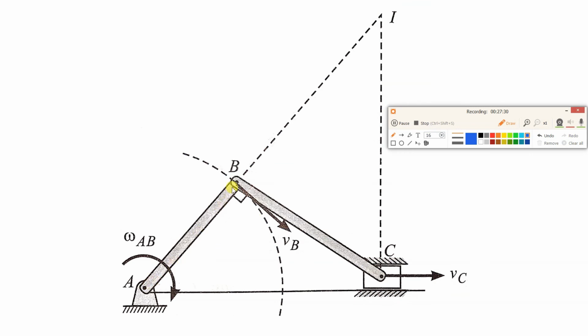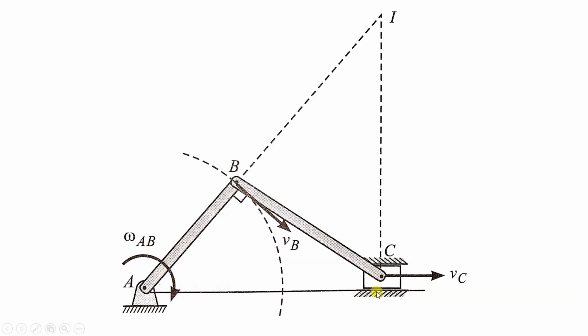AB is the crankshaft, BC is the connecting rod, and this box is the slider, which is sliding between this horizontal surface. Suppose this velocity direction is given, so from there we will get the direction of omega AB, it is clockwise.